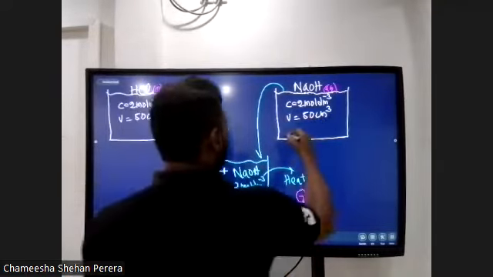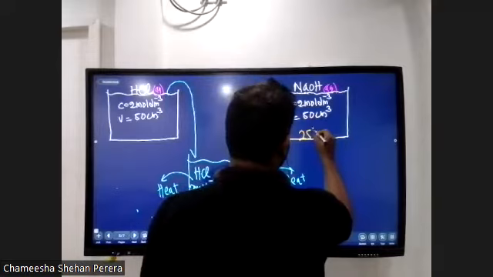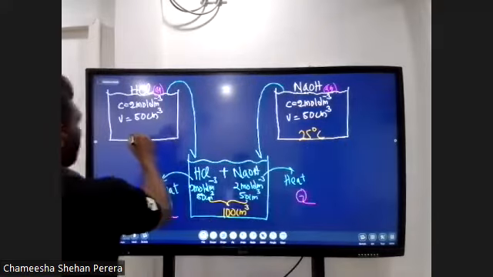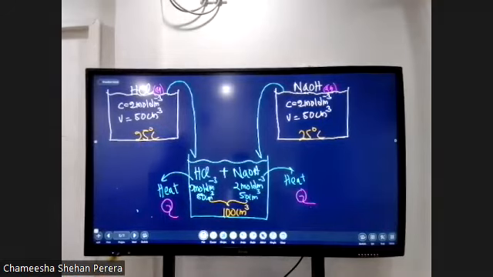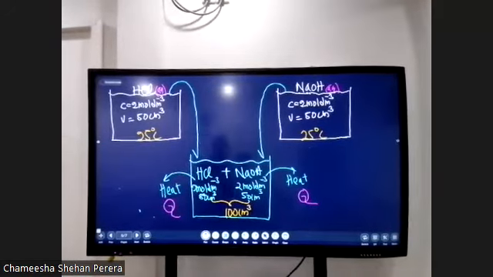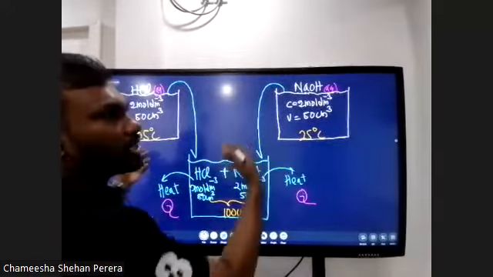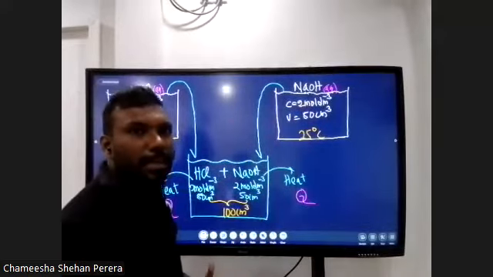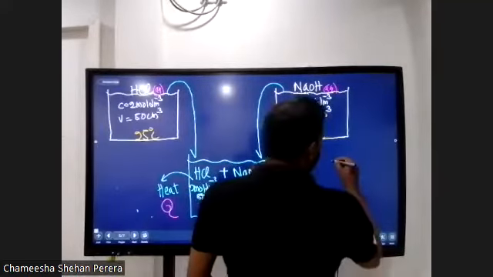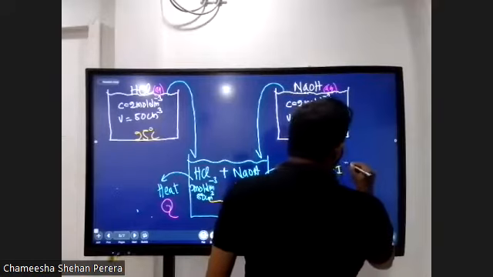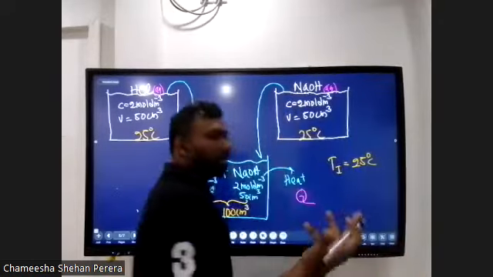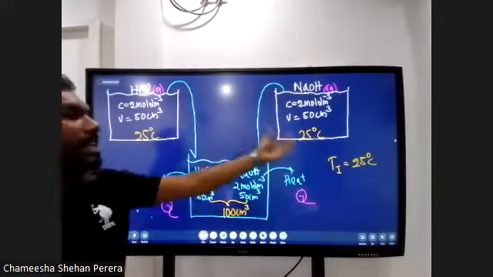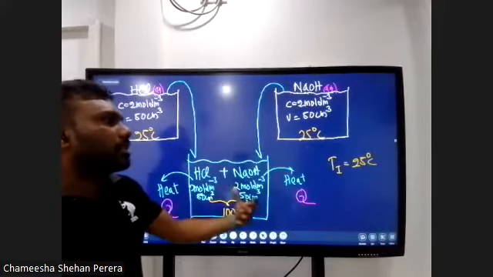The temperature initial of this is going to be 25 degrees Celsius, and the temperature initial of this reactant also is going to be 25 degrees Celsius. You're so lucky, because the initial temperature of the two reactants is similar, the temperature initial can be considered as 25 degrees Celsius. So you can simply put the initial temperature as 25.